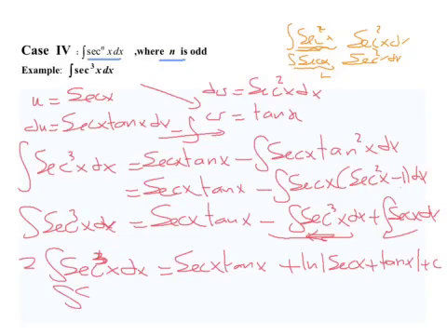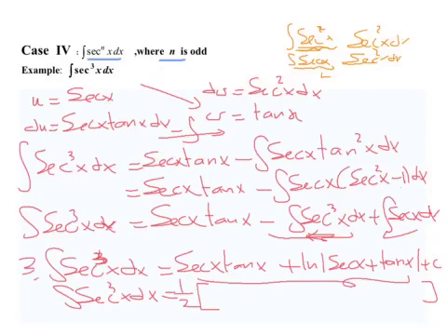So integration of secant cube x dx is going to be 1 over 2 times all of this. So this is the final case for integration of powers of secant and tan.